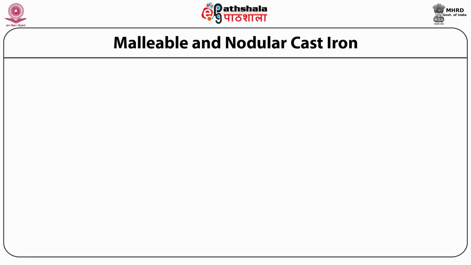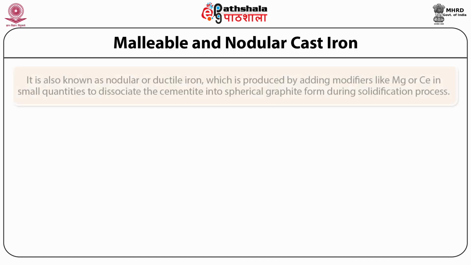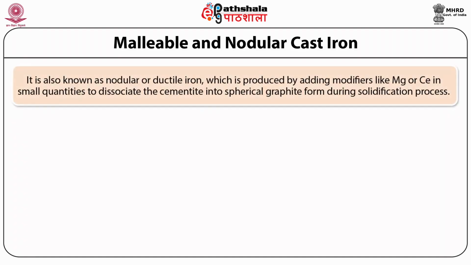Now let us discuss the nodular cast iron. It is also known as nodular or ductile iron, which is produced by adding modifiers like magnesium or cerium in small quantities to dissociate the cementite into the spherical graphite form during the solidification process.